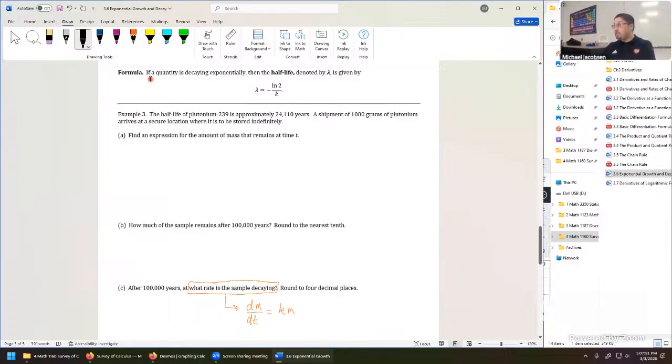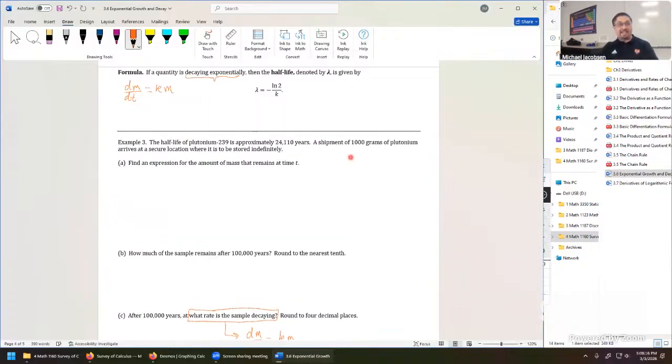So it tells us if a quantity is decaying exponentially, that means just from this statement already, we're looking into a model. I'm going to use m to refer to the mass of a quantity at time t. The rate of change of mass at time t is k times m. That's a differential equation.